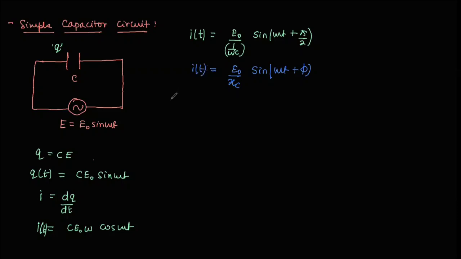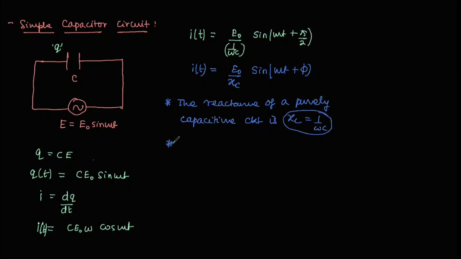So over here I write the reactance, which is equivalent to resistance. The reactance of a purely capacitive circuit is equal to 1 by omega C.